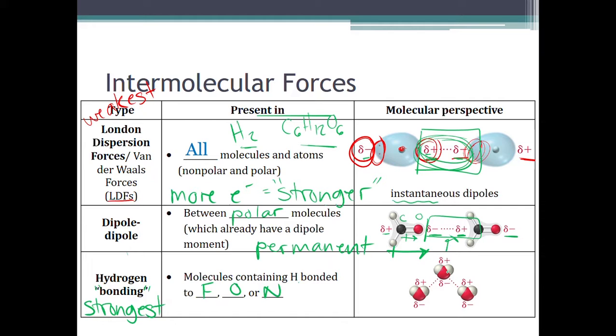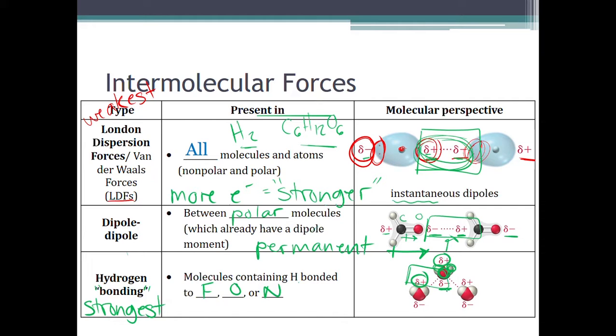So here we've got water. We've got our oxygen in the center bonded to hydrogens. And this oxygen is super, super electronegative, which means it's taking way more than its fair share of the electrons in this bond. It's not ionic, it's not stealing them, but it's definitely getting close. It's very strong. It's really hoarding those electrons. So it is very partially negative, and this is very partially positive, and this is very partially positive.